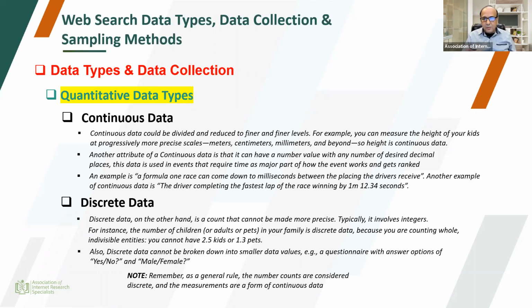So these are the two types of values that would fit in the discrete data situation, meaning that it is either yes or no, or it is a whole number, and nothing that can be broken down into fractions.